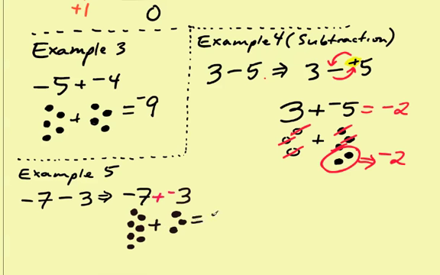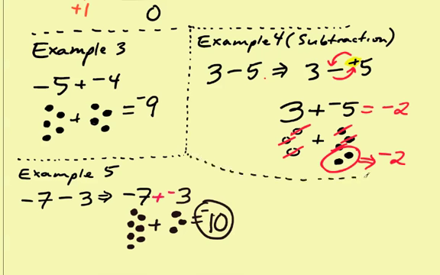That's just 10 black dots or -10. And that is my answer. -7 added to -3 is just -10. And the dots have given me exactly the right answer.